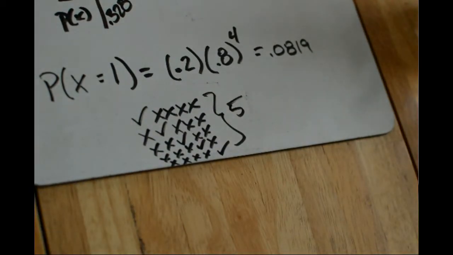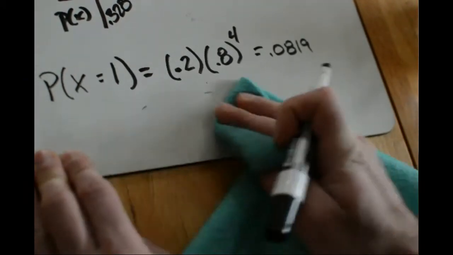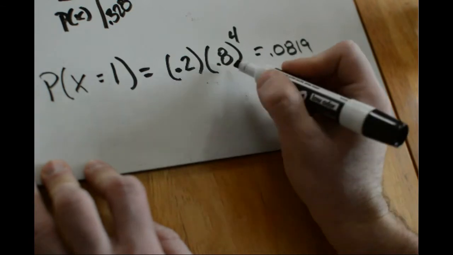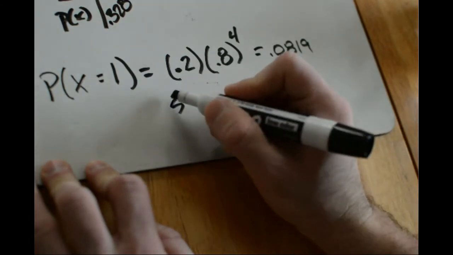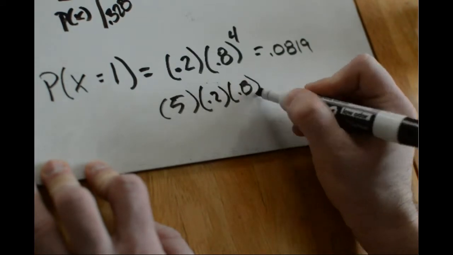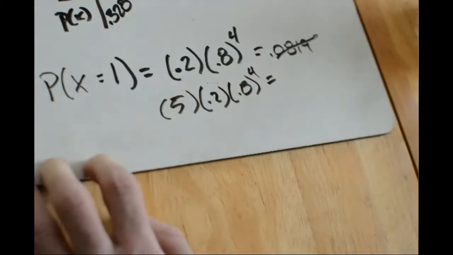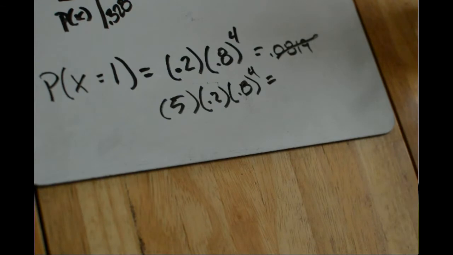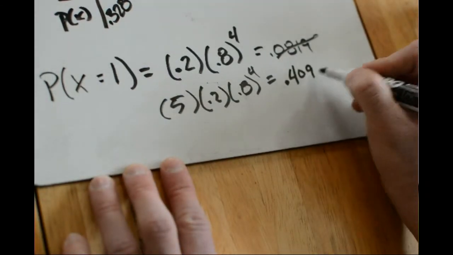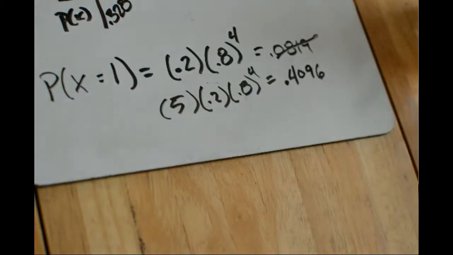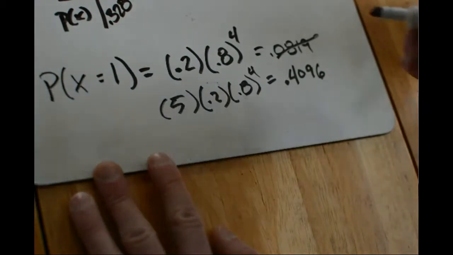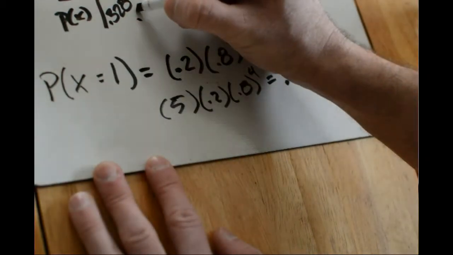So really what we need to do is take this 0.2 times 0.8 to the 4th and multiply it by 5, since there are 5 ways to do that. So the probability is actually that times 5. So it's important with the binomial distribution to consider all of the ways to get that specific number of successes.